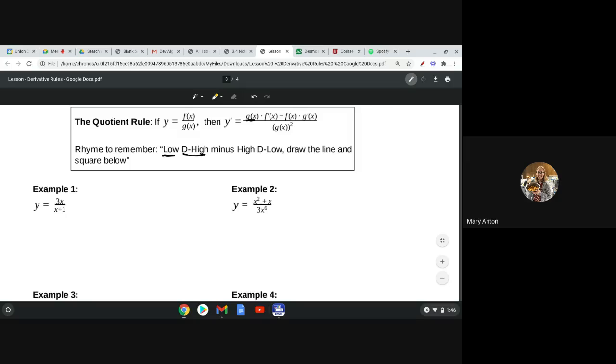D high means the derivative of your high function, your numerator, which is like this f prime of x. Minus is the minus sign, right? High means your numerator, so f of x. D low, the derivative of the denominator. And then we draw the line and square below, square g of x.